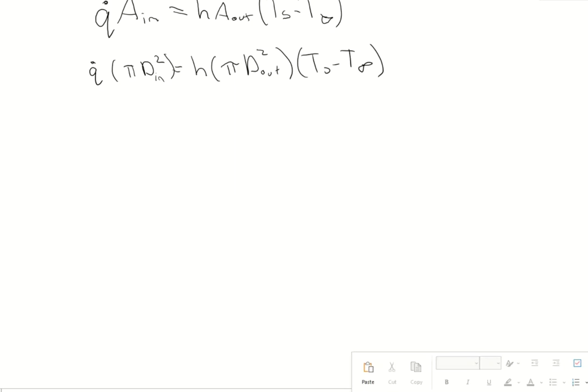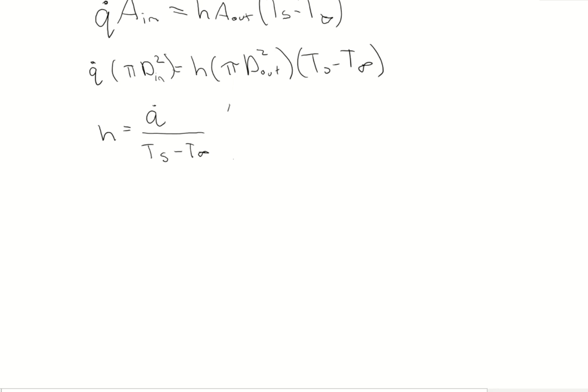And then when we reorganize this, the pi's cancel out and we reorganize for h. So this is equal to our Q dot, over Ts minus T infinity, and then just our differences of diameter, all squared.